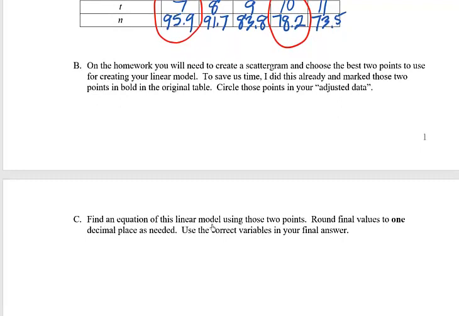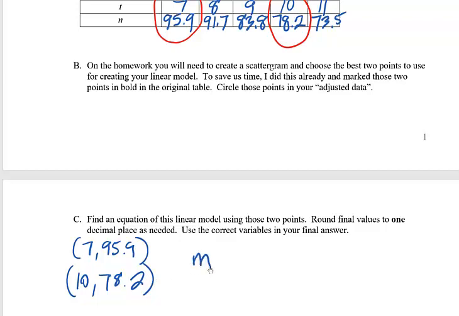Part C says, now go ahead and find the equation using those 2 points. It might help you to rewrite the points as ordered pairs just to make it look more familiar to you. And then we're going to take these 2 ordered pairs and write the equation of the line that goes through those 2 points, and that will be our linear model. This is just the same math we've been doing over and over.